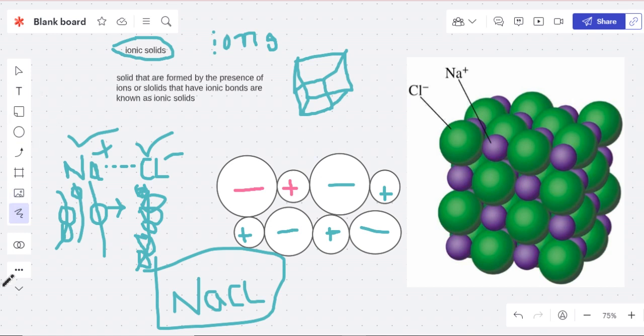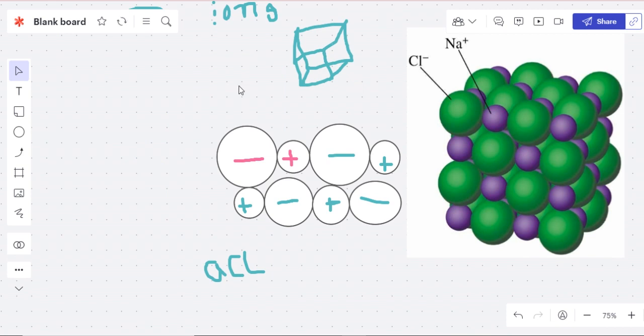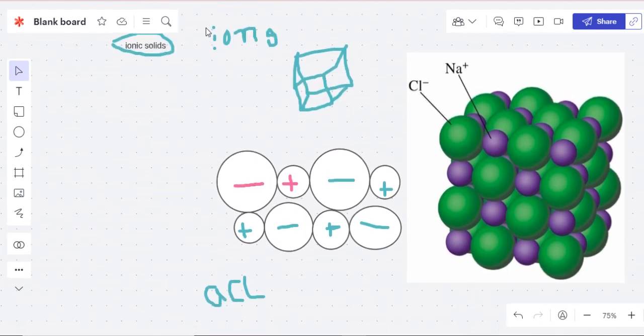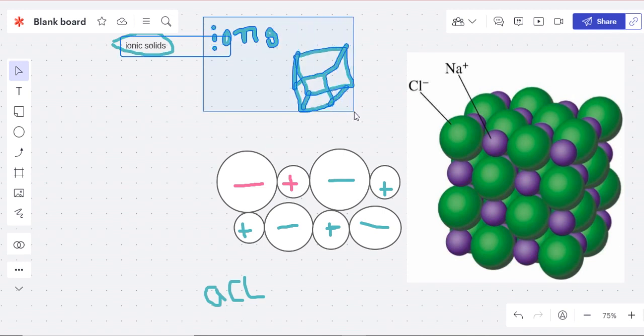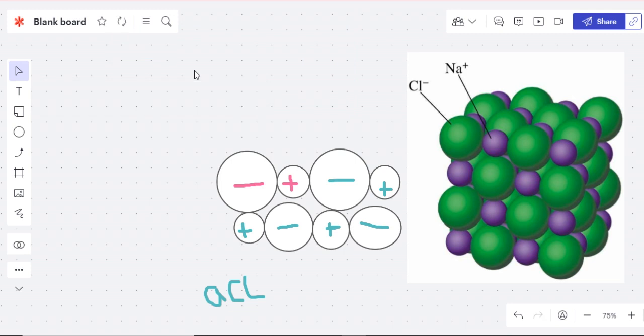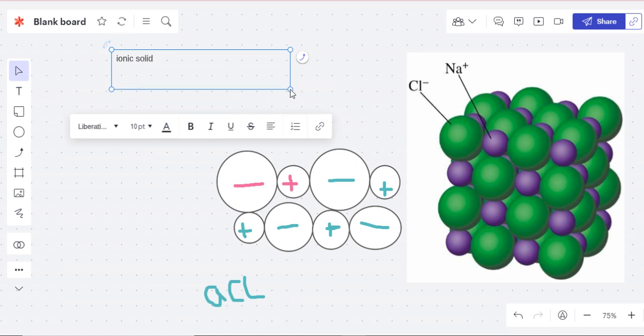So let's talk about the properties of this. Properties.